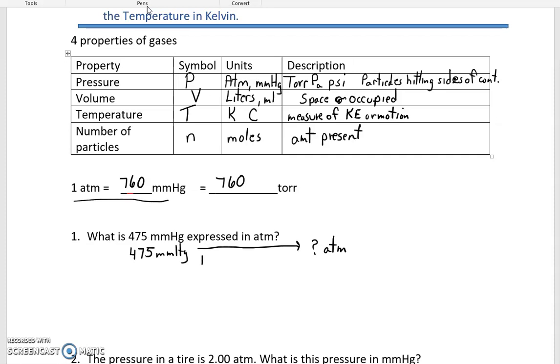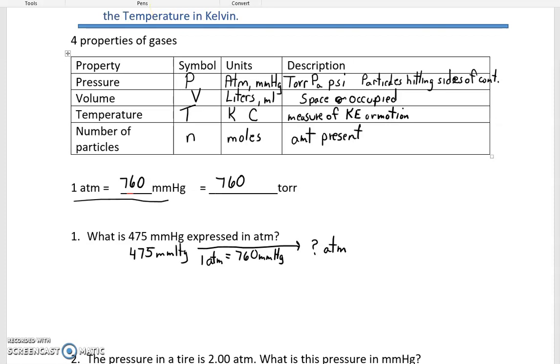We know that 1 atmosphere is equal to 760 millimeters of mercury. So using this equality, we can write two conversions.